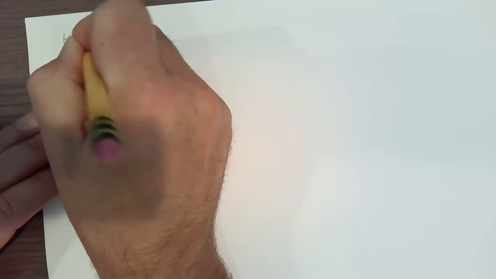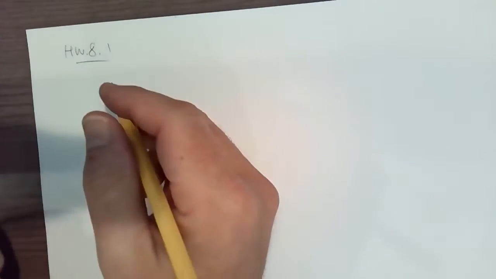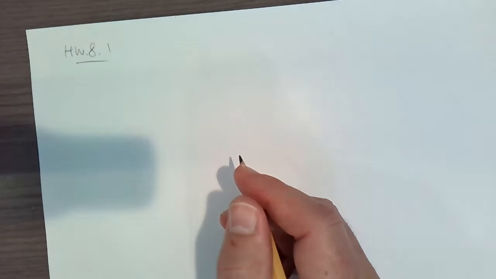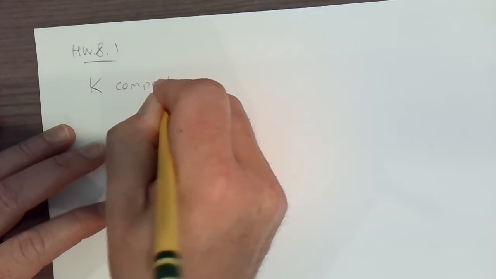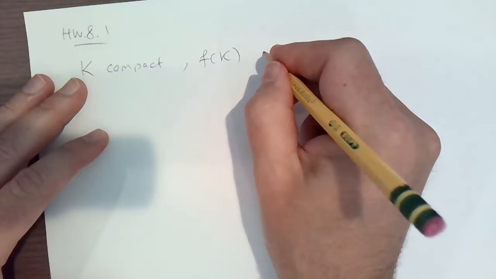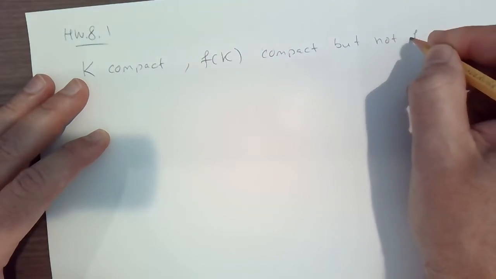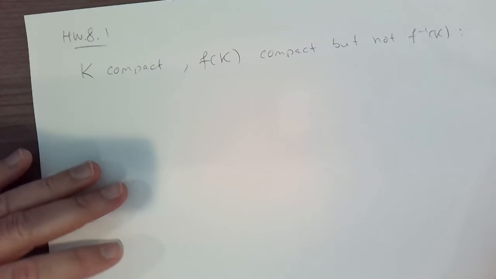So this is homework 8, number 1. If you were to say stuff like, we start out with compactness. So K compact, then you push forward, and this is compact, but not the other way. And how would one go about doing that?